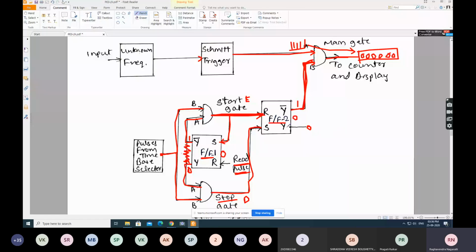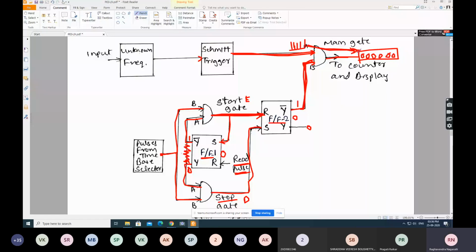So the Y output becomes 0 and Y bar output of this SR flip flop becomes 1, making this main gate enabled. Now the main gate is enabled and the train of pulses from this Schmitt trigger, which is having the train of pulses of the unknown input signal, is given to this counter.